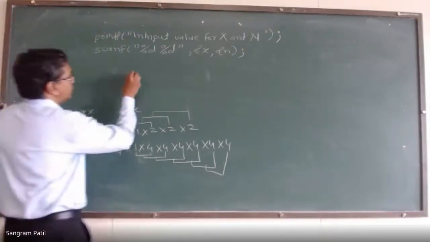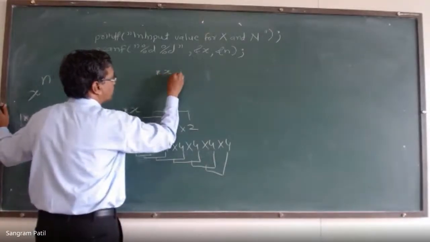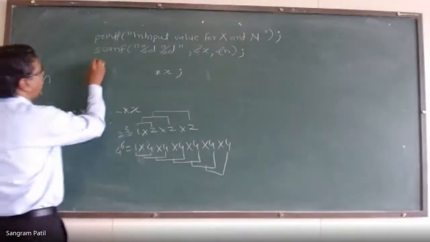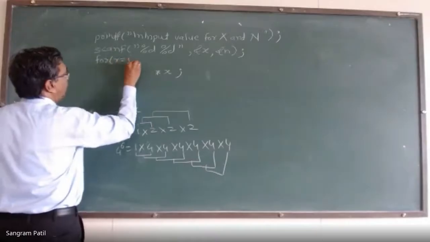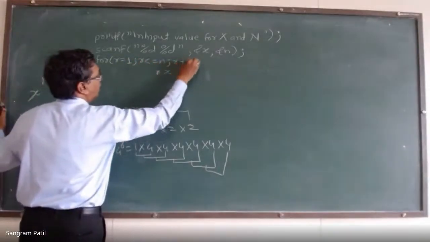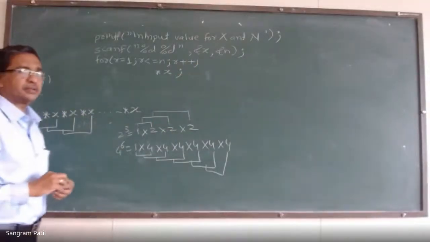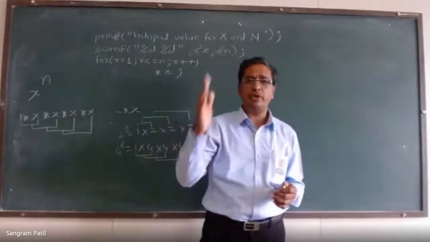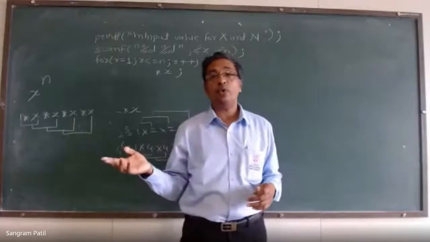So something multiplied by x, we want to repeat it n times. To repeat anything n times, we use for r equal to 1, r is less than or equal to n, r plus plus. We have already done this. N factorial means we have to multiply 1 into 2 into 3 into 4 up to n, like addition of 1 to 10 numbers.